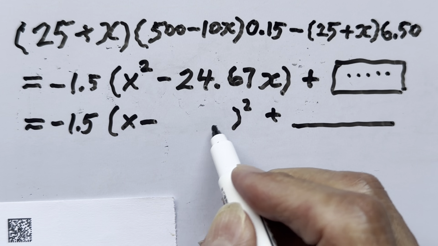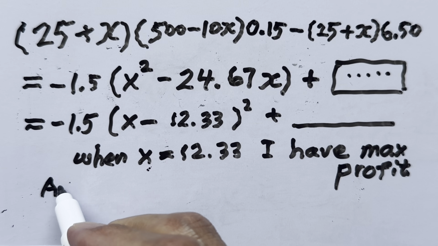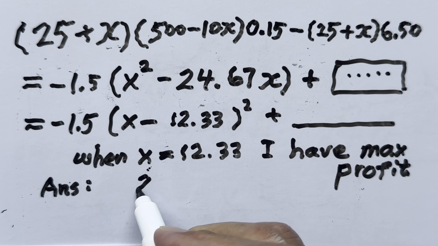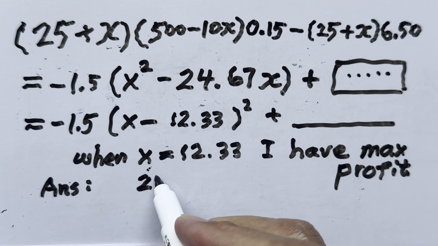But the question is asking how many trees I should plant. This x is the extra number of trees in addition to 25 trees. So, the answer is 25 plus 12.33.